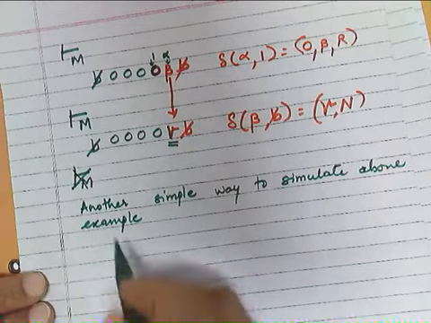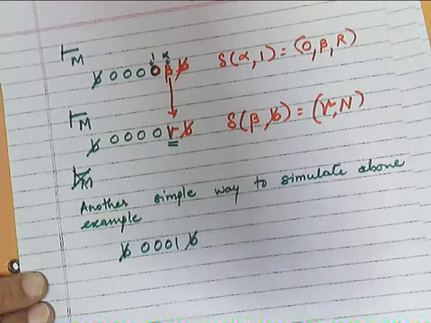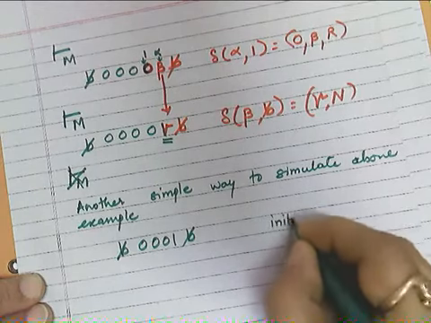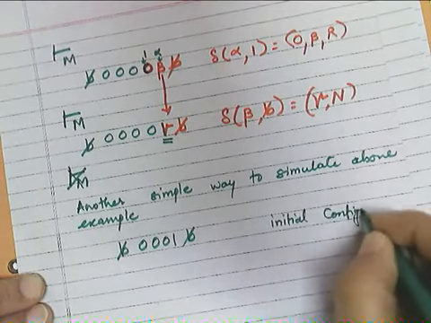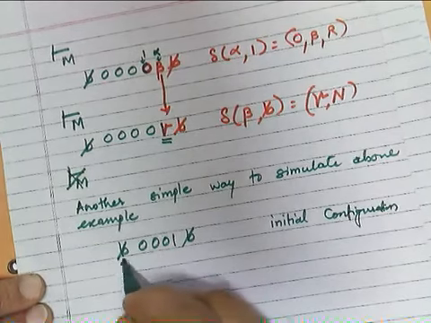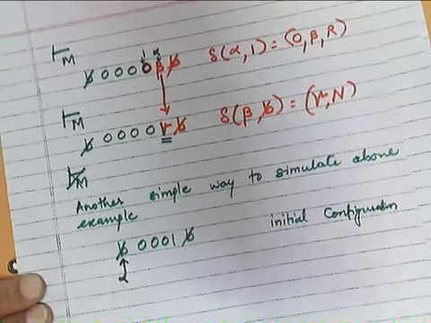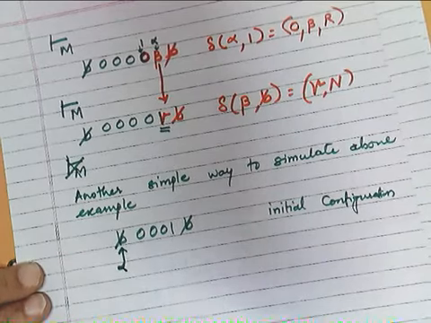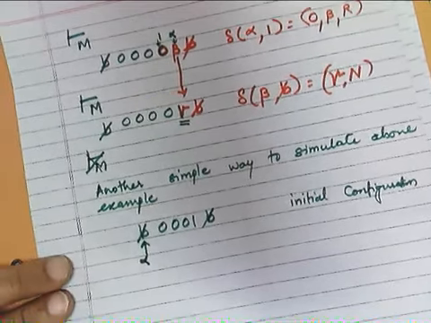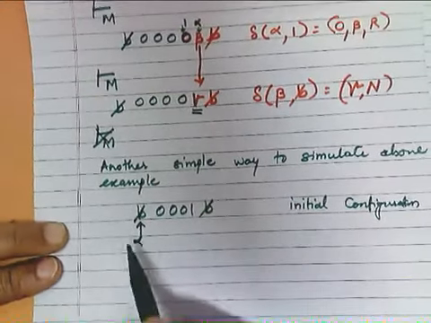We can just write down blank 0 0 1 and blank, which is the initial configuration. And you just notify that currently your head is on the blank and the state is alpha. This is a better way to understand the instantaneous description of a Turing machine. Okay, so with this it is easier.